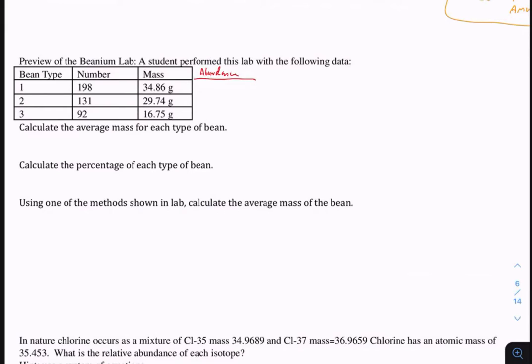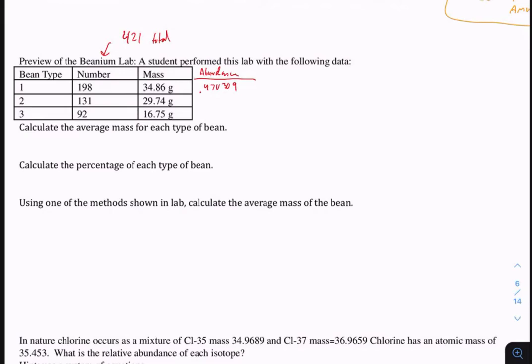So 198 plus 131 plus 92. We're dealing with a total of 421. So our abundance for bean type 1 would be 198 over 421. And so that would be 0.470309. I'm writing it with 6 sig figs because I know at the end of the day that's more than I need. And my abundance will not be limiting as far as sig figs.